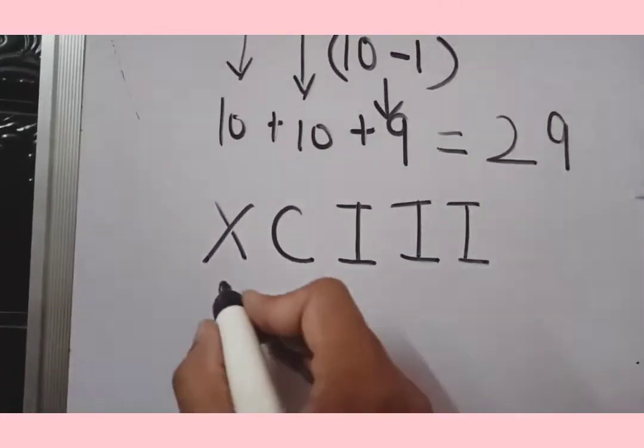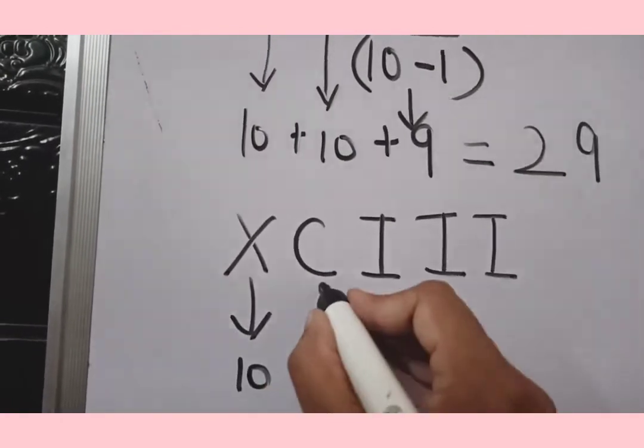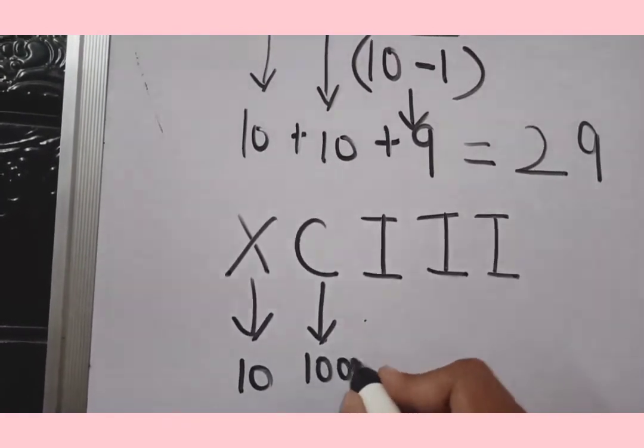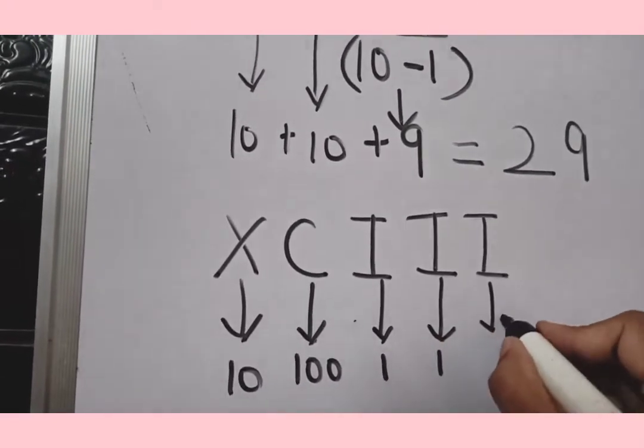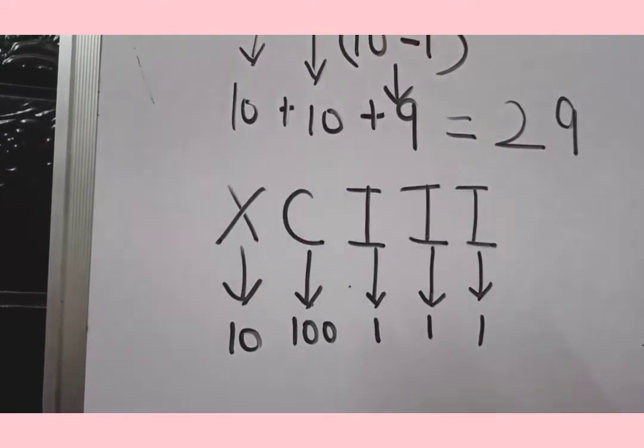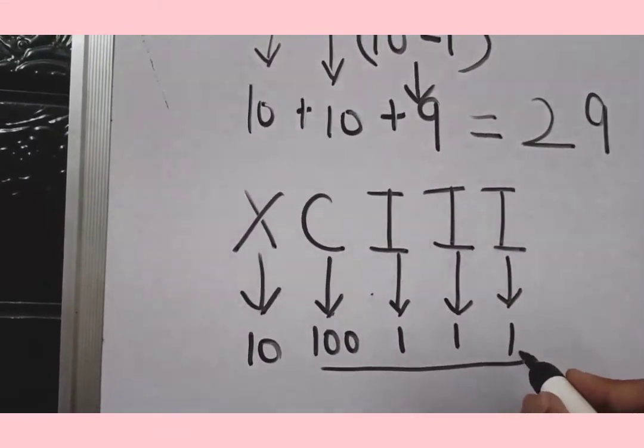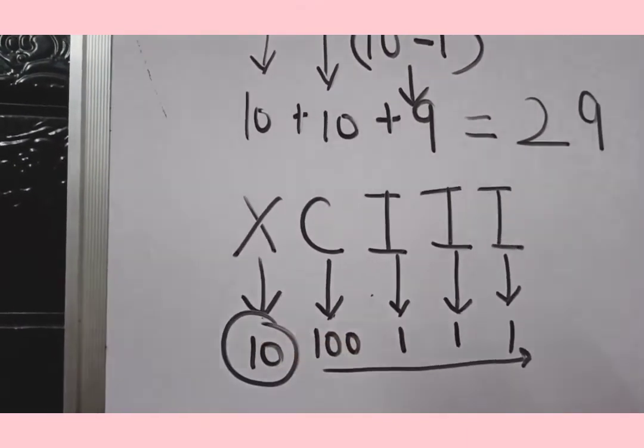Now over here, this is 10. This stands for 100, 1, 1 and 1 again. Now, these are all in descending order, but this one is disturbing.